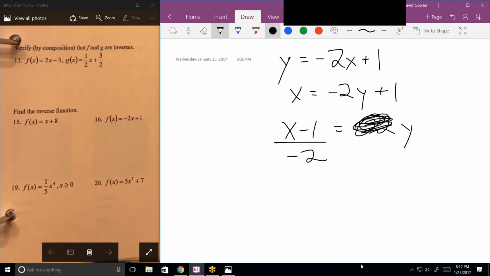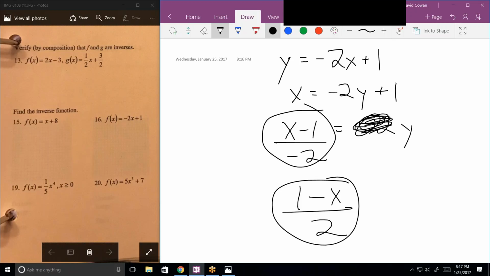That's the function. You wouldn't lose points on that. I'm not sure that this should be changed, but it so happens that it can be simplified into 1 minus x over a positive 2. This is the same as that.